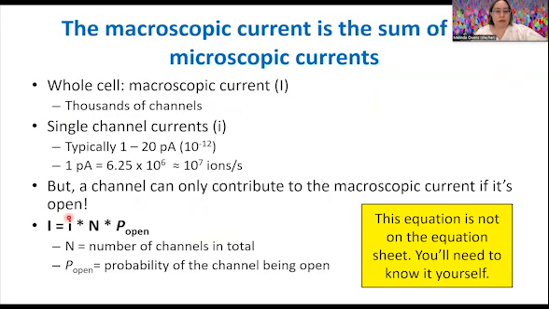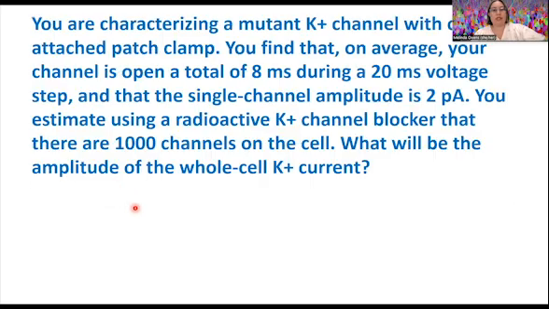And so you have to take the single channel current, multiply it by the number of total channels, but you also have to multiply it by the probability of each of these channels being open, right? If only 80% of them are open, you're only going to get 80% of the current that you expect. Okay.